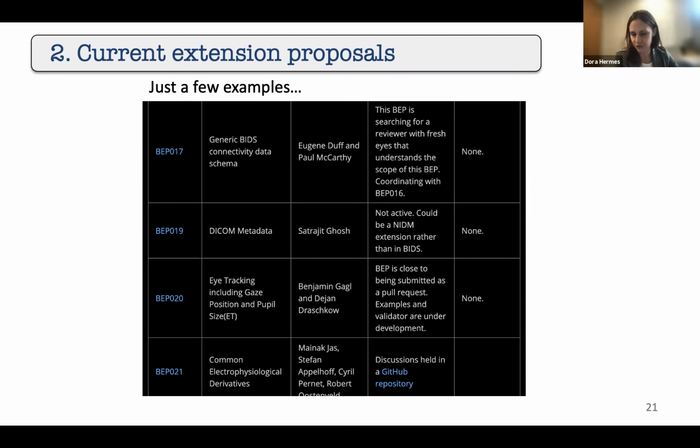What's the most needed derivative structure for electrophysiology derivatives? For example, filtering, re-referencing, those types of derived data, adding in other annotations, for example. And these are just 4 examples. There's a list of 20 examples. So go through the extension proposals, click on the link and go through them.